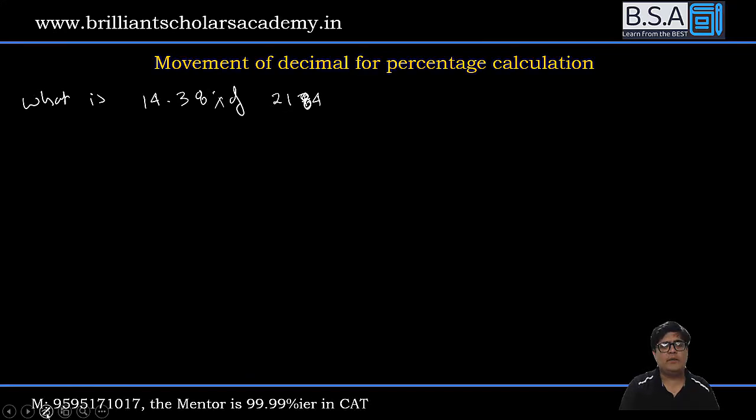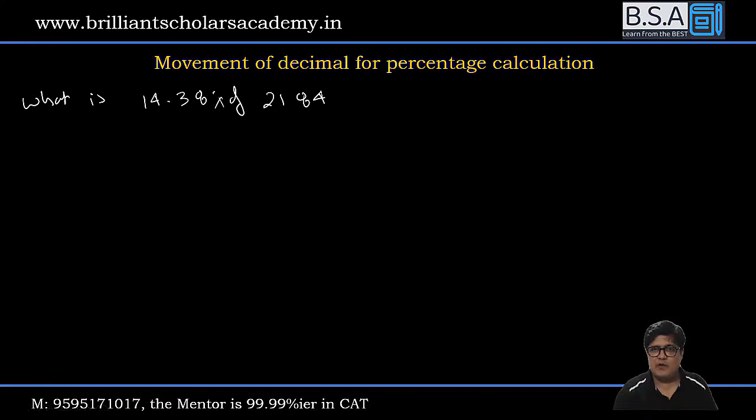What is the 14.38 percentage of 2184? I'm trying to create a question in which it is easier for you to perform the calculation. Now I can go about two ways. I can start from absolute zero and build up.